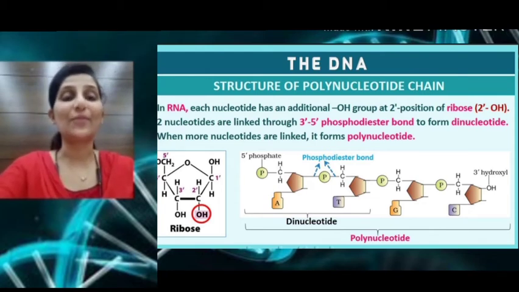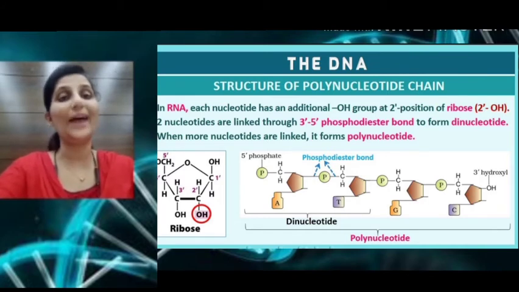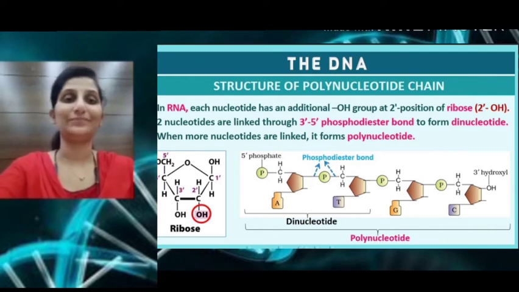Deoxy means the ribose sugar is lacking an oxygen, whereas it is present in RNA. So RNA has an additional OH, or hydroxyl group, at the second carbon atom in the ribose sugar.